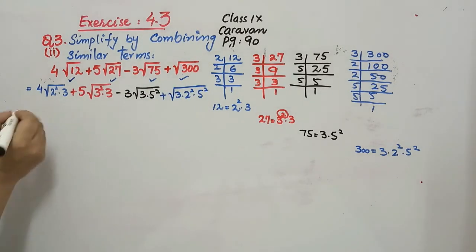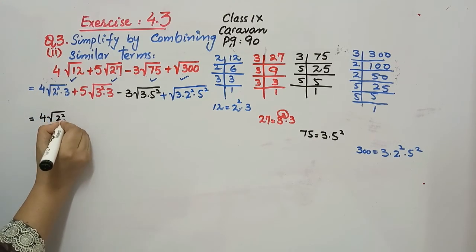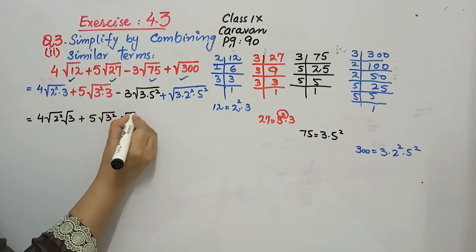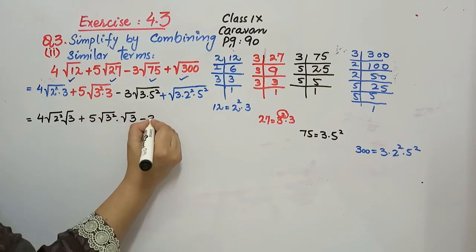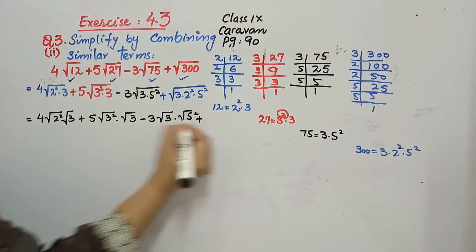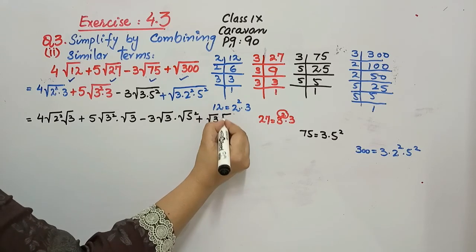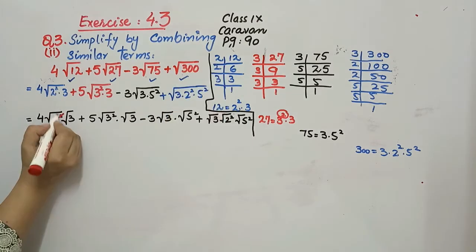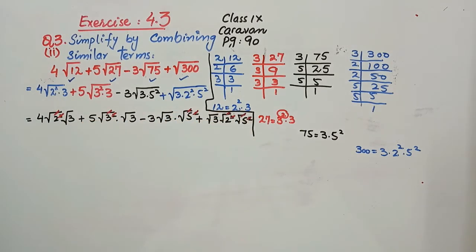Now we are going to separate them as 4, under root of 2 square into root 5, 3 square into 3 square root 3, minus 3, plus under root of 2 square and under root of 5 square. Fine.